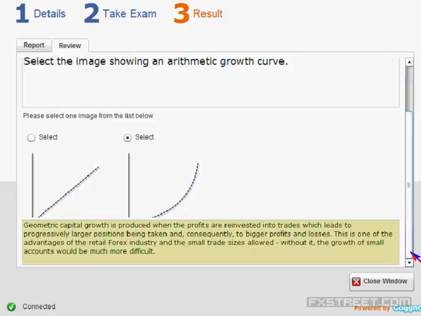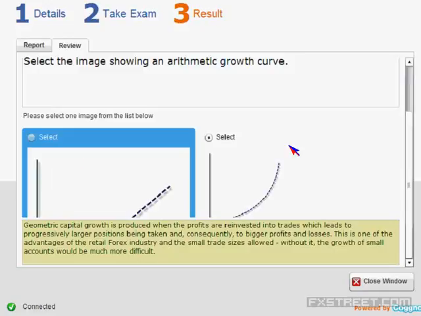This is one of the advantages of the retail forex industry: the small trade sizes allowed. Without it, the growth of small accounts would be much more difficult. Okay, so an arithmetic curve is this one.